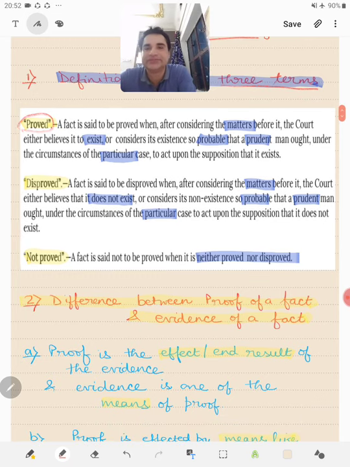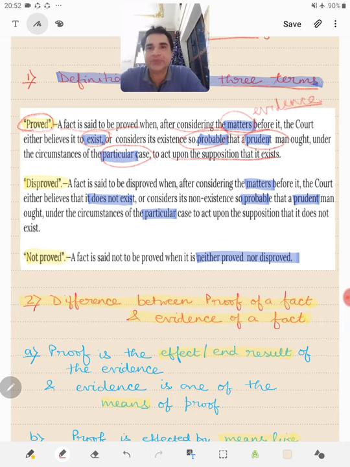The word proved, it is written: a fact is said to be proved when after considering the matters before it, mind you, friends, it is the matters before it, not the word evidence before it, the court either believes it to exist or considers its existence so probable that a prudent man, under the circumstances of the particular case, ought to act upon the supposition that it exists.